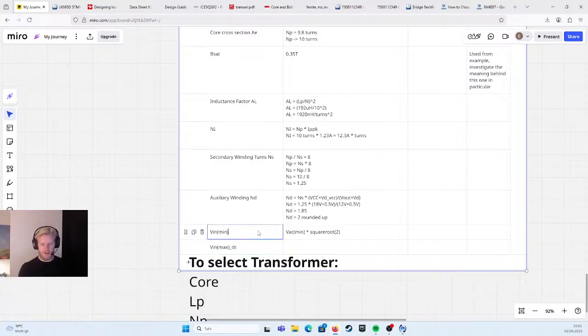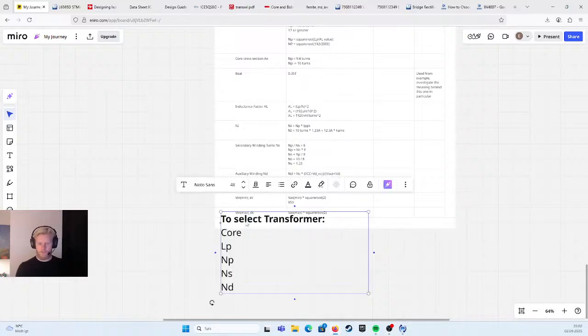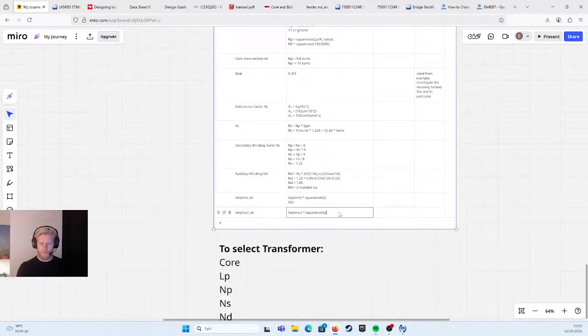This is like DC then: VAC max times square root of 2, which should be 375 volts.